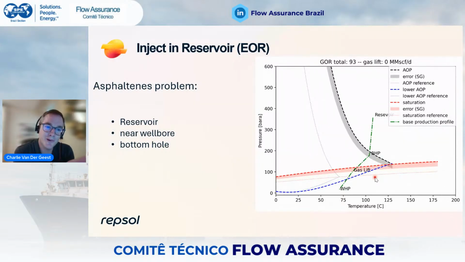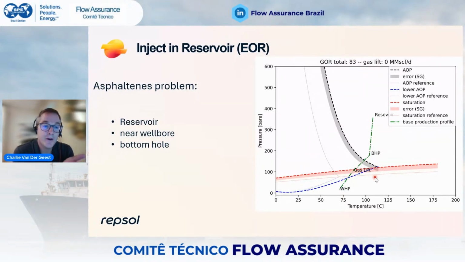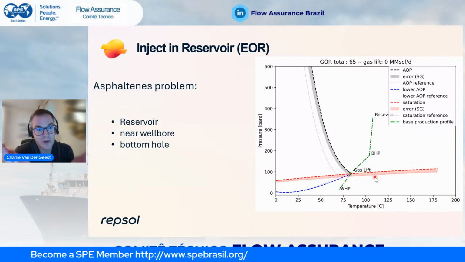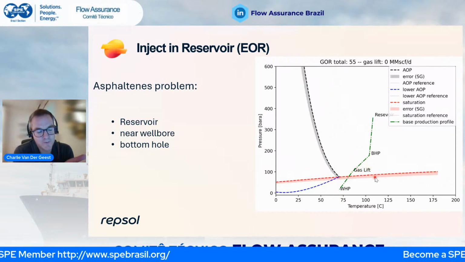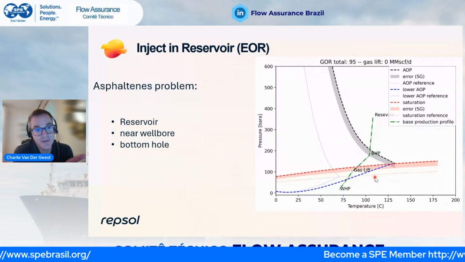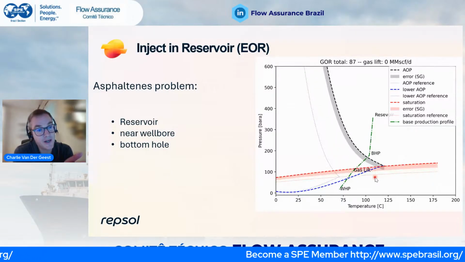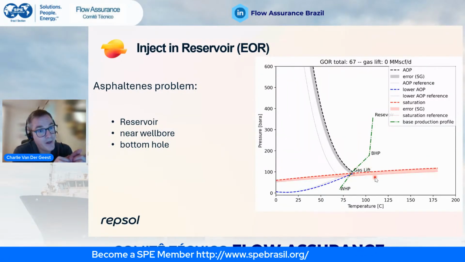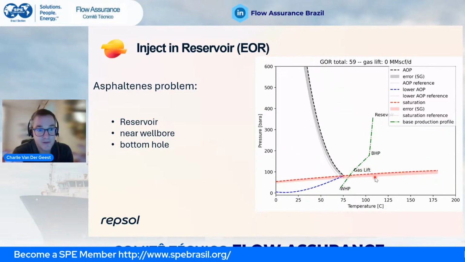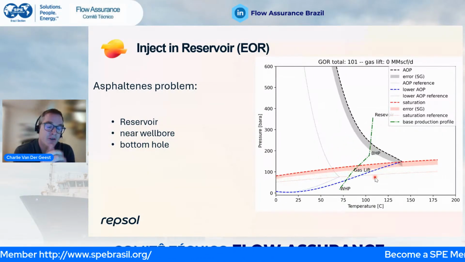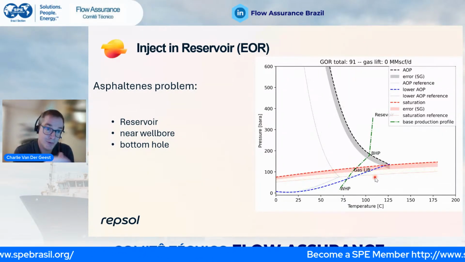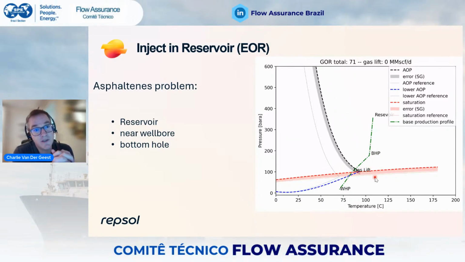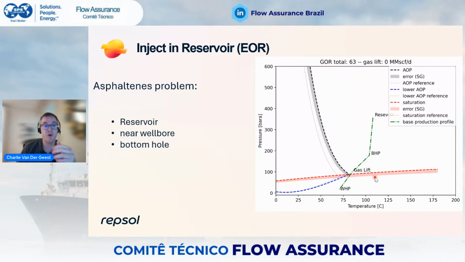And the other problem is that a lot of things can explain a pressure drop increase, for example. So once you have a pressure drop increase and you are inside the envelope, there is a good chance it's asphaltenes, but it could also be, I don't know, scales or whatever. And you can sample your well, of course, but if it's in the reservoir, it's way harder to isolate the phenomena.